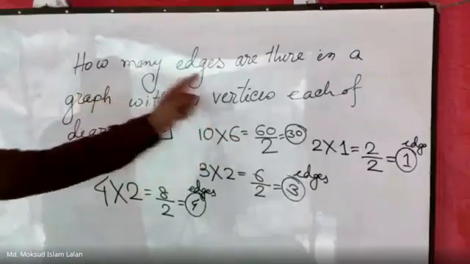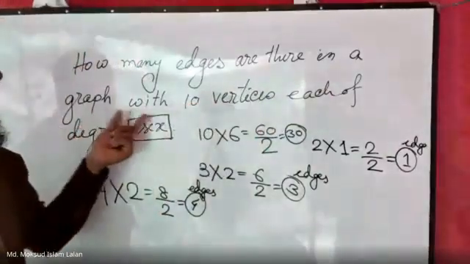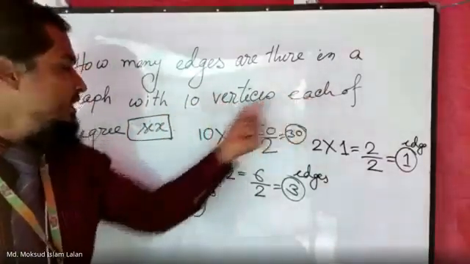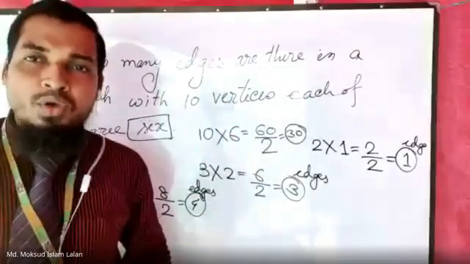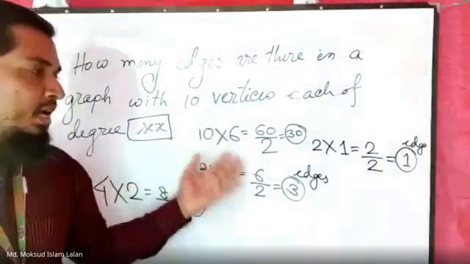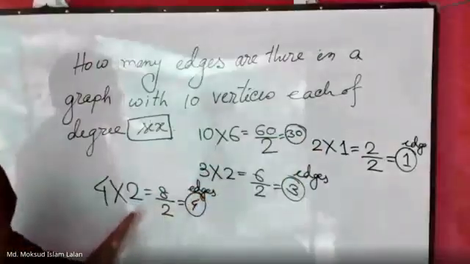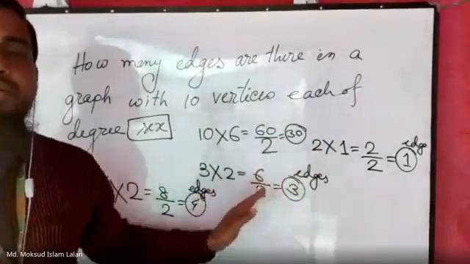So that will be 30 edges. How many edges are there in a graph with 10 vertex, each degree 6? That will be 30. So how can we derive this? Is it helpful for you? Do you understand, dear student, or not?